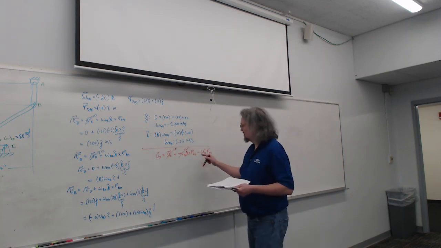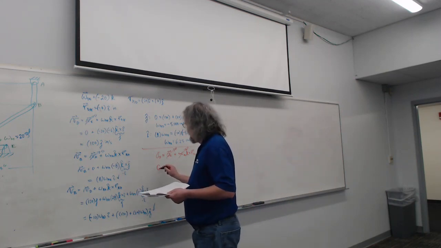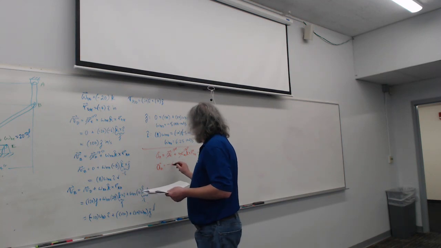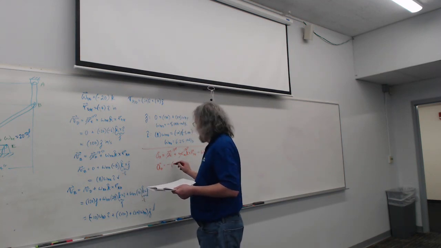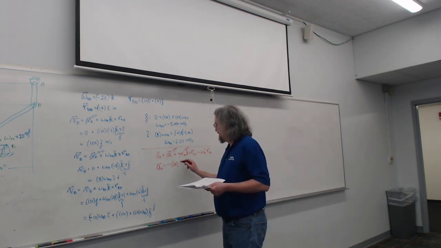This was a constant speed. So all we're really left with for the acceleration of D is going to be negative omega, which is 20, times our R D with respect to E, which is -6 I.